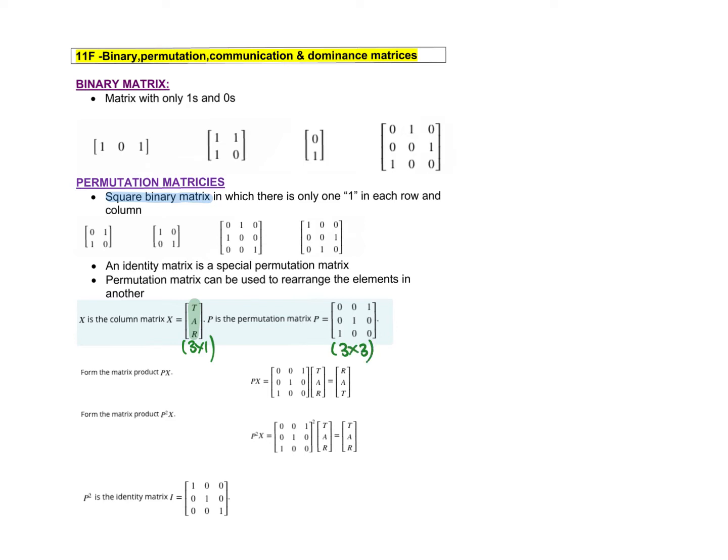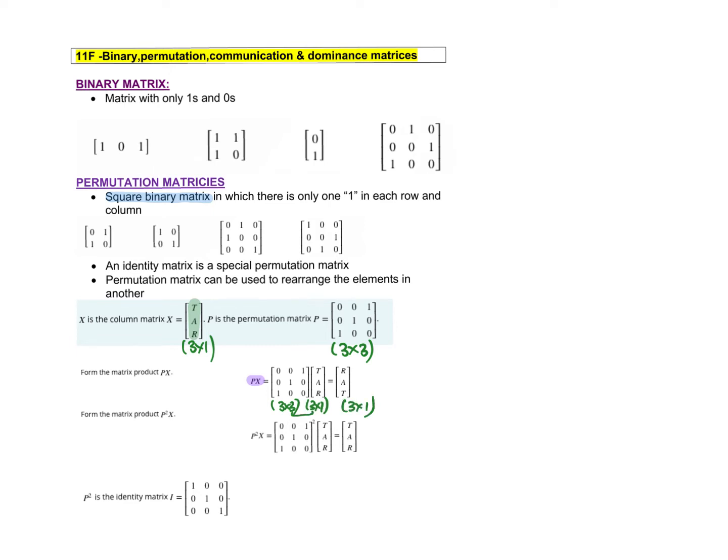You can see it only has ones and zeros. We're going to multiply this permutation matrix by this other matrix X. If we check it, we've got a 3 by 3 with a 3 by 1, so it is defined, and our answer will be a 3 by 1.